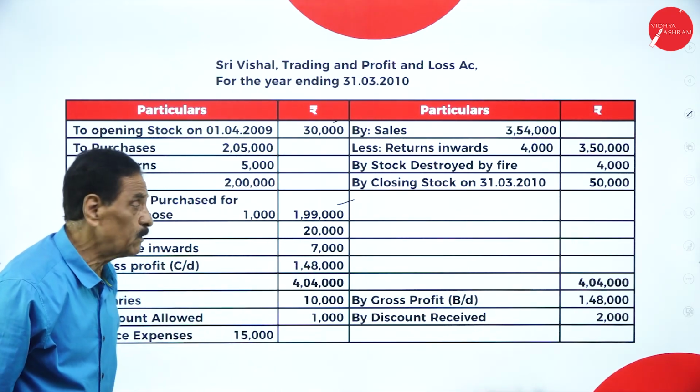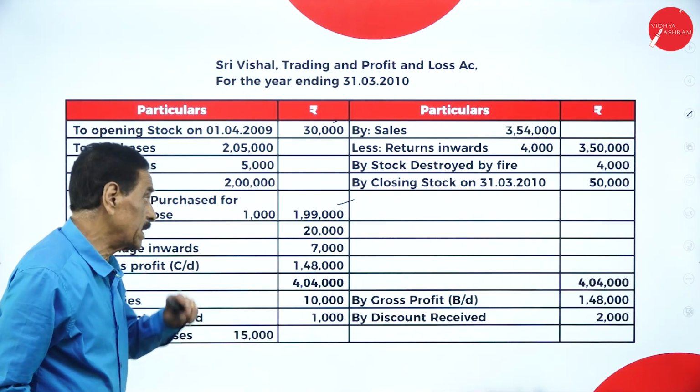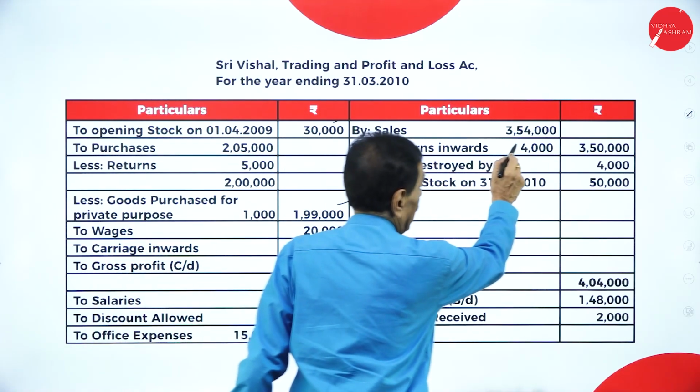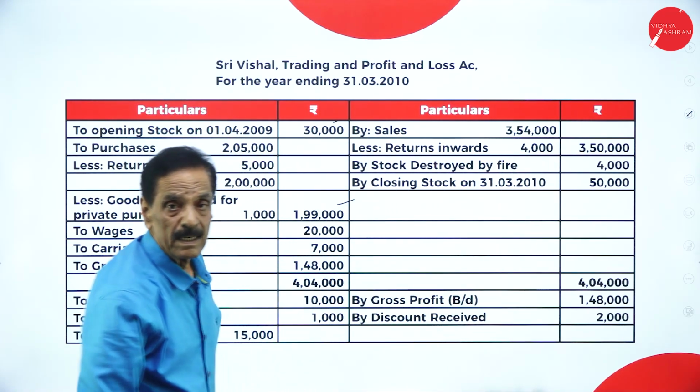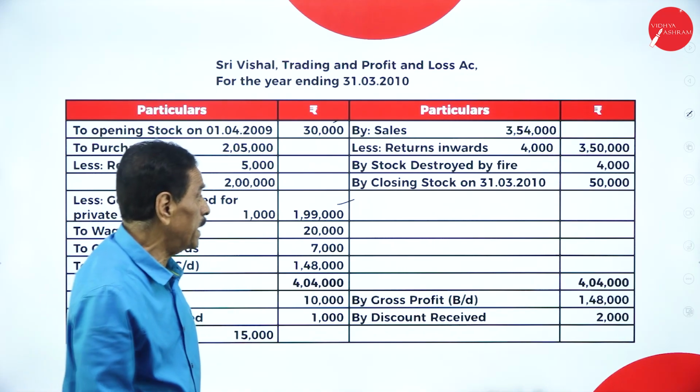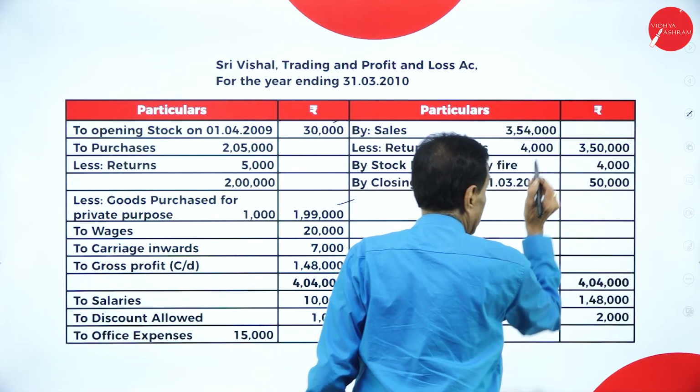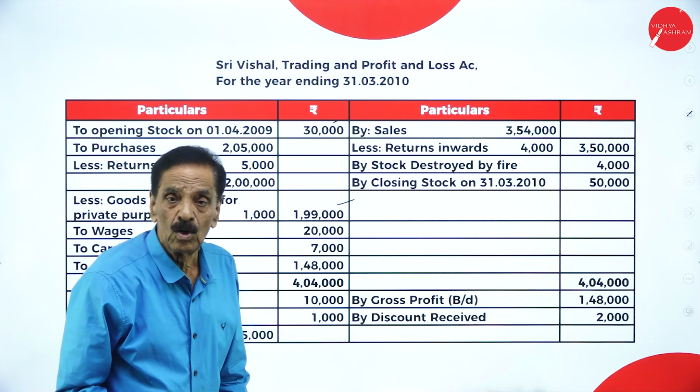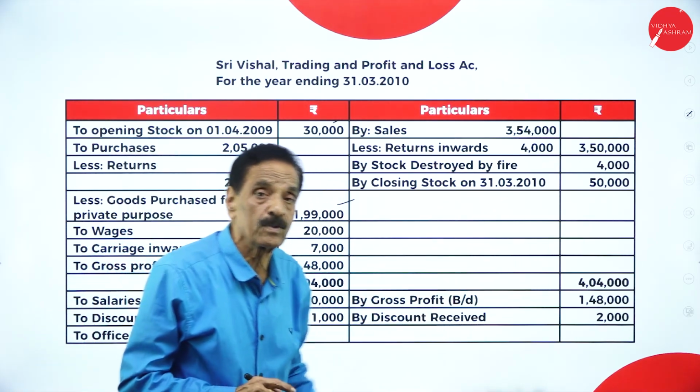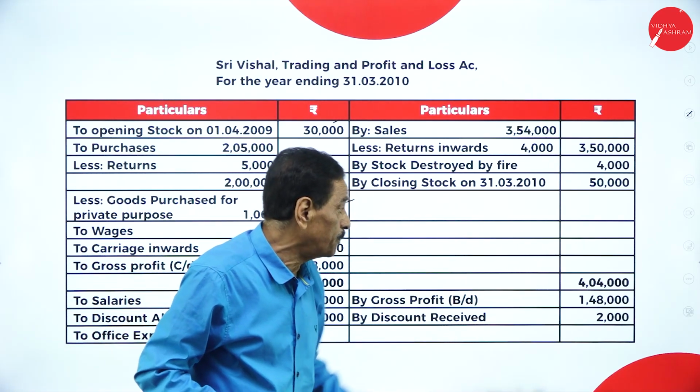Wages 20,000. Carriage inward is 7,000. By sales 3,54,000. Return inward means sales return 4,000. Real sale is 3,50,000. Total stock destroyed is 4,000. Closing stock is 50,000.